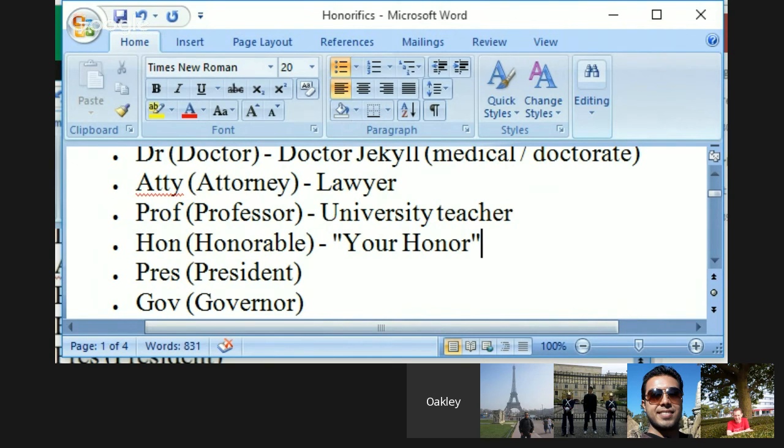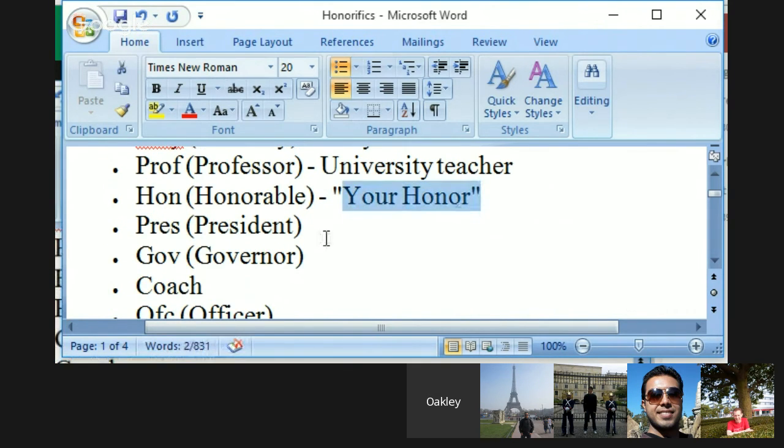You would not say, "Have you met Attorney Smith?" You would never say that. You'd say, "Have you met Bob?" or "Have you met Mr. Smith?" But a judge, you would call judge. If you were introducing him very formally, like at a special dinner or banquet, you'd say the Honorable Judge Smith. In the actual court, Your Honor, always. Very important.